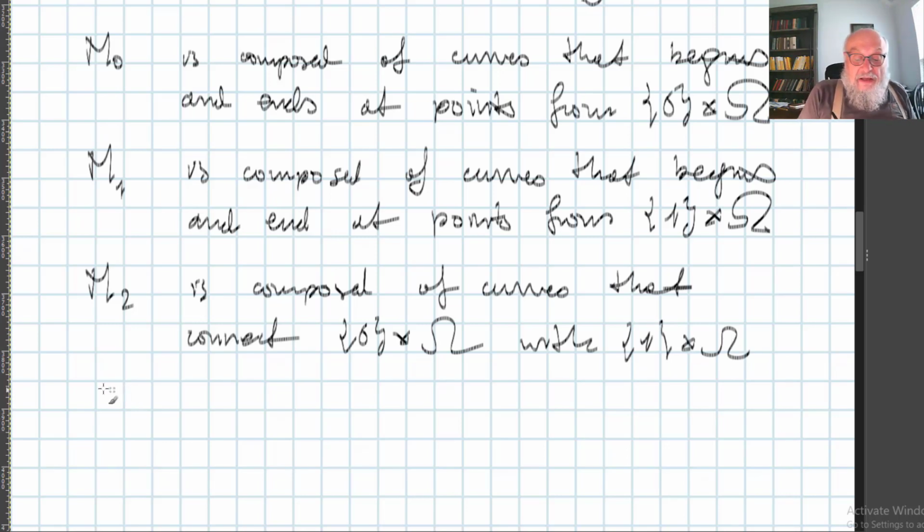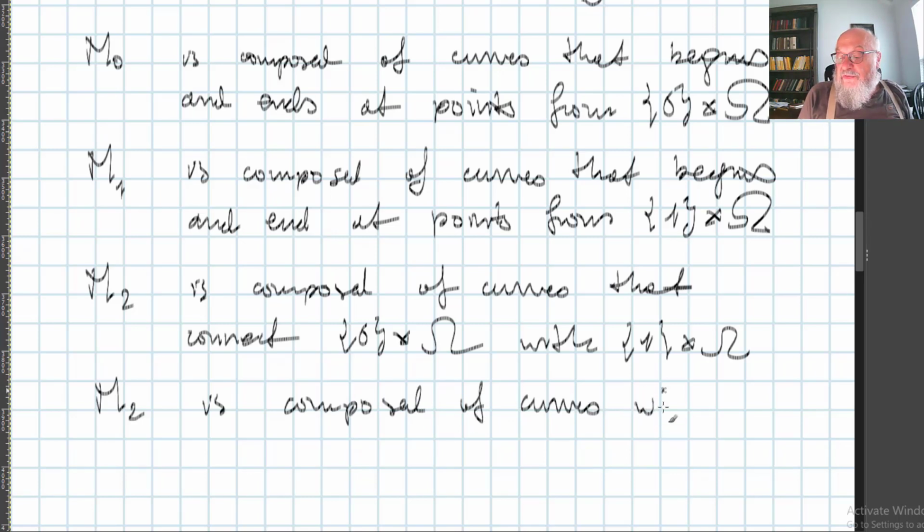It's not important which direction. And finally M3 is composed of curves which are closed.